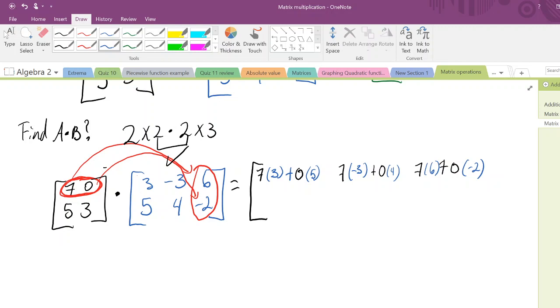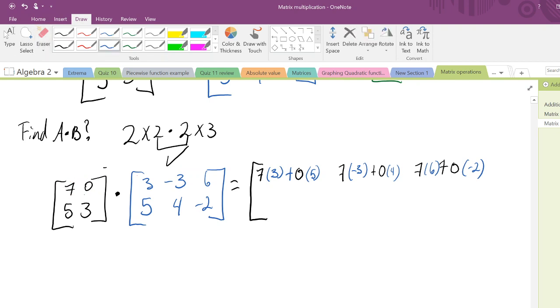Now you have to do the second row times every single column of the second matrix. What I did to the first row is what I have to do to the second row. So let me erase this.